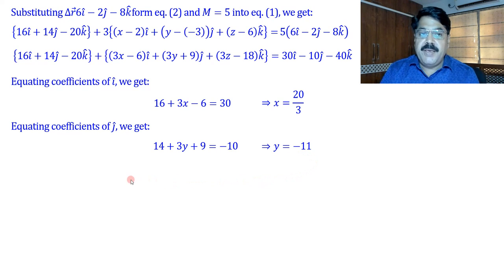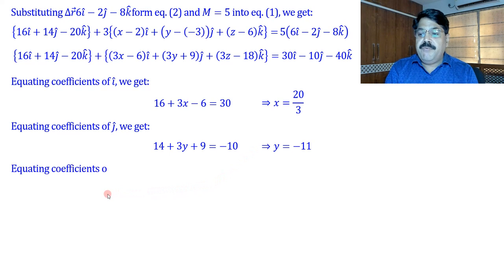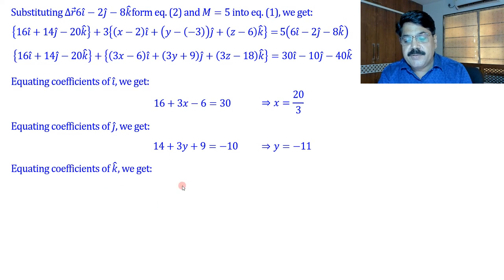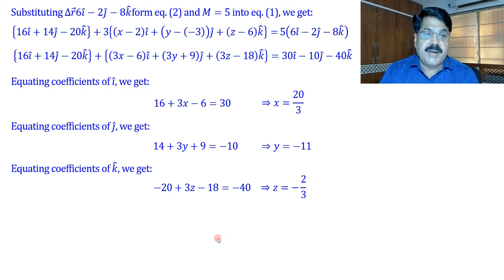And similarly, equating the coefficient of k cap for the z coordinate of the 3 kg particle, minus 20 plus 3z minus 18 is equal to minus 40. And by this, we get minus 2 by 3. So we have obtained the coordinates of the second particle.